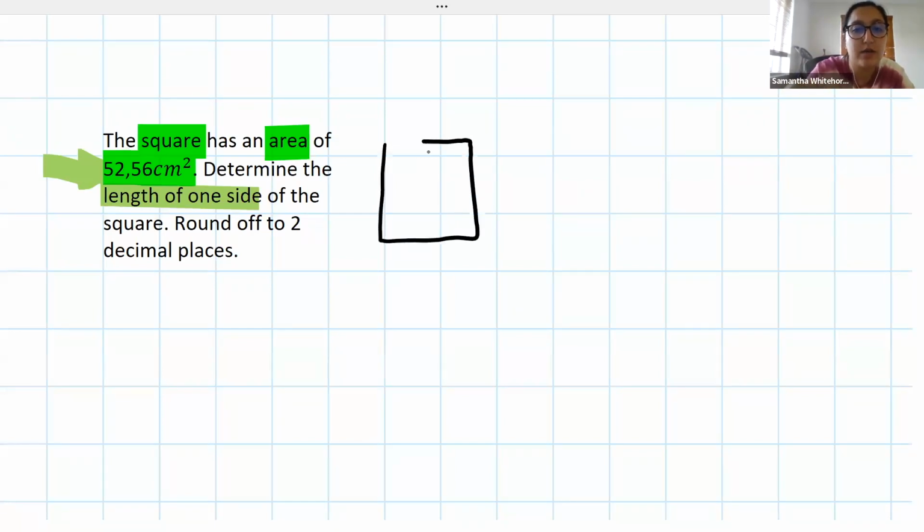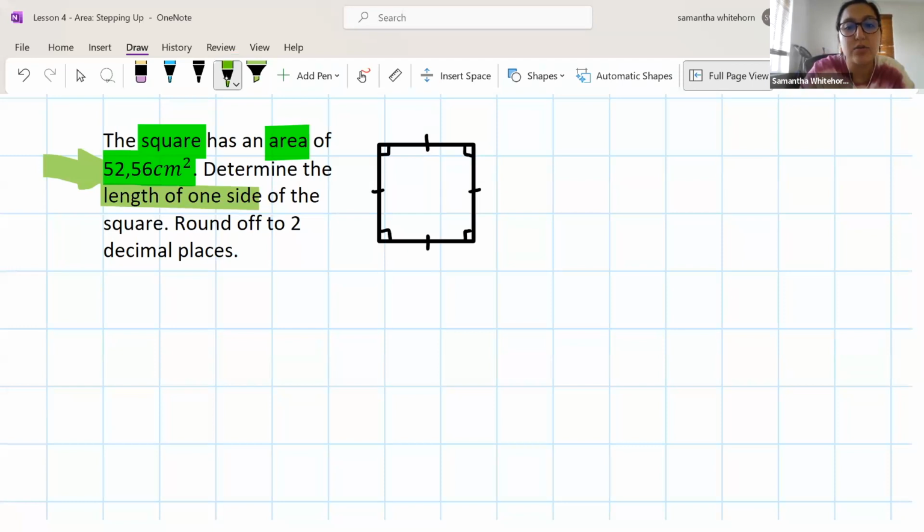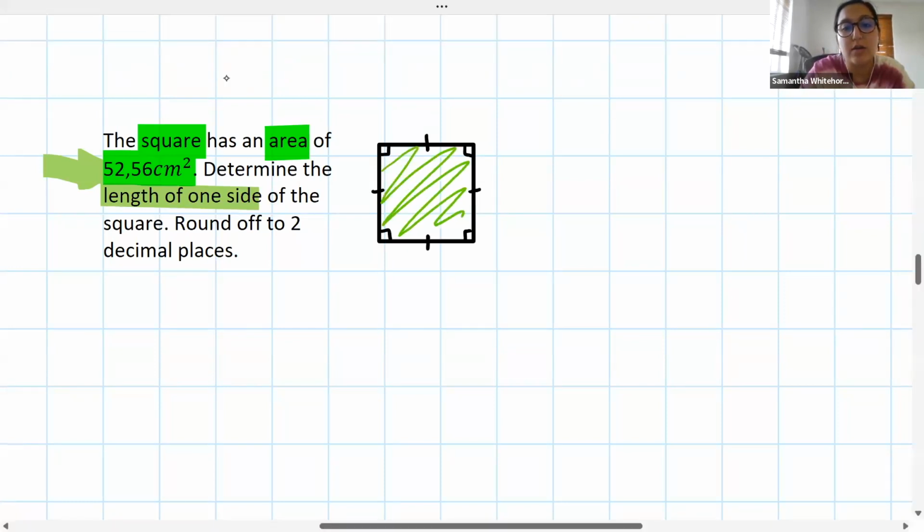Here's your square. Because it's a square, you know that all your sides are equal. You have your 90 degrees, which again, we don't really care about when it comes to area. We care about that more in geometry. And I've told you that this whole area of my square is 52,56 centimeters squared.